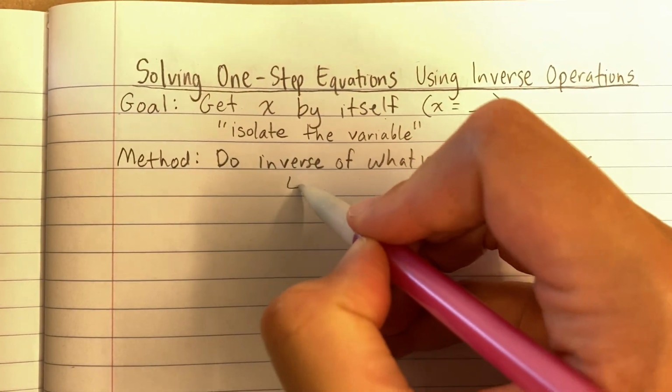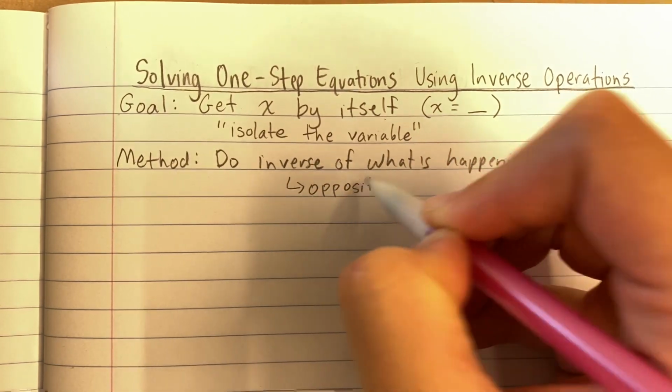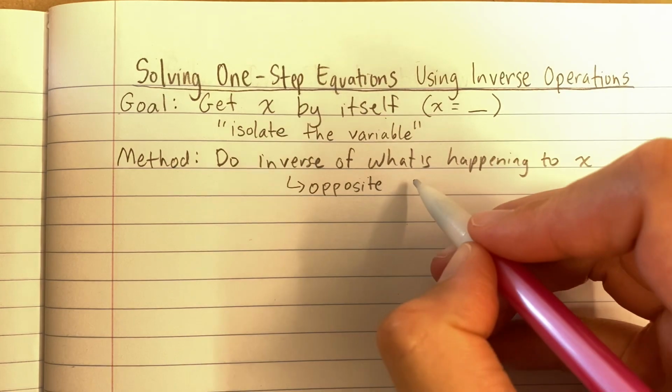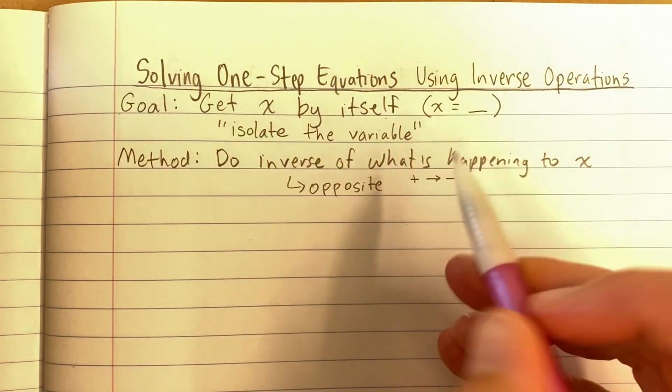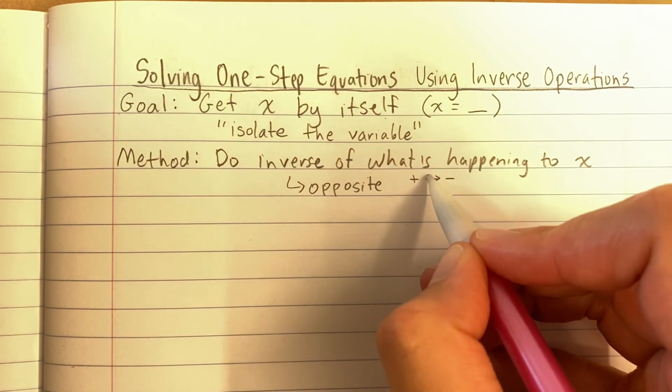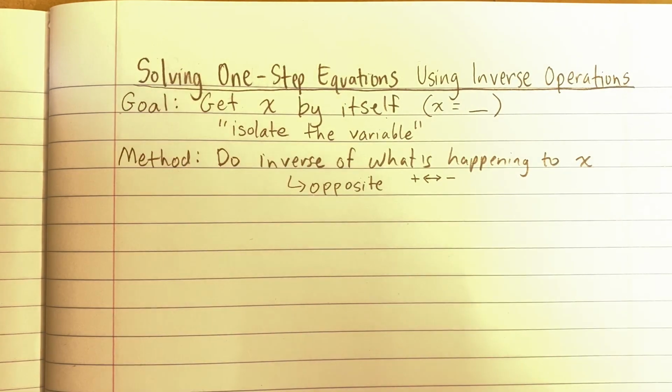Inverse means opposite. So inverse operations, like let's say I see something being added to x, I'm going to subtract. Now let's say I see something being subtracted from x, I'm going to add. These are inverse operations. They undo each other.